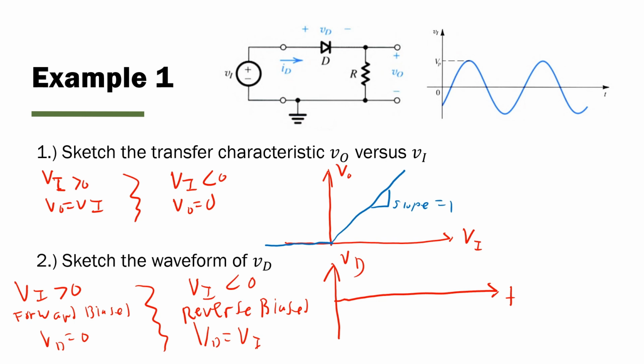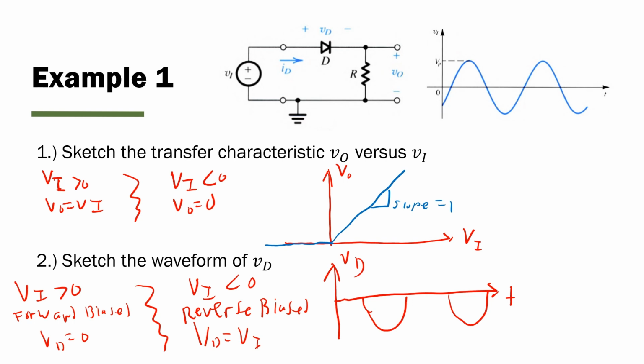We see that when Vi is greater than 0, Vout equals Vi, and VD equals 0, and vice versa for when Vin is negative. So therefore, we will just observe the negative peaks for VD.